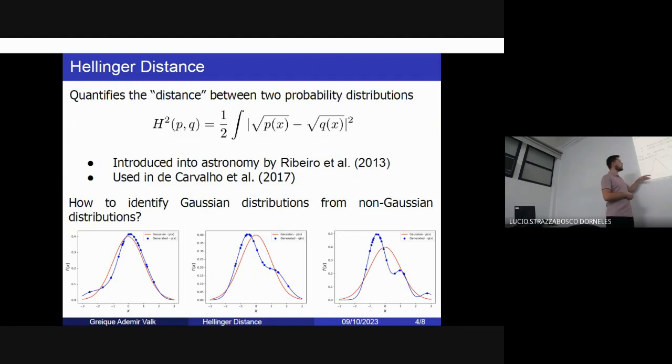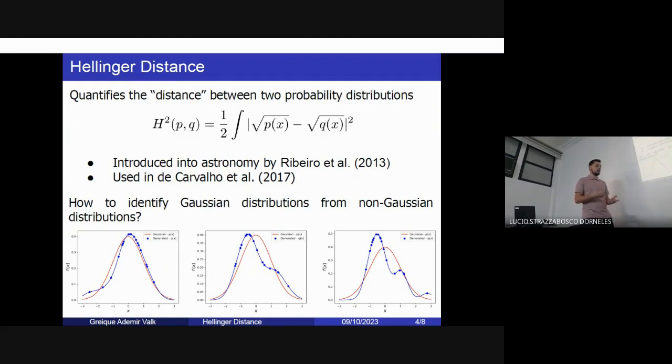In this figure here, we have three examples of generated distributions in blue with 20 points, and in red we have the Gaussian distributions that we expect. We compute the Hellinger distance for this generated and theoretical Gaussian distribution.